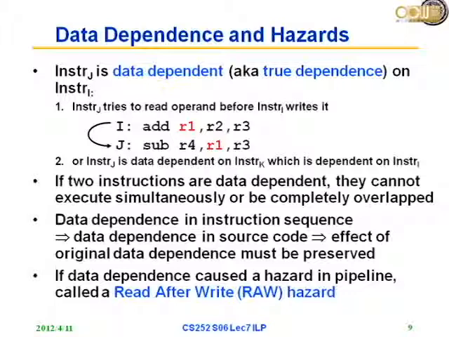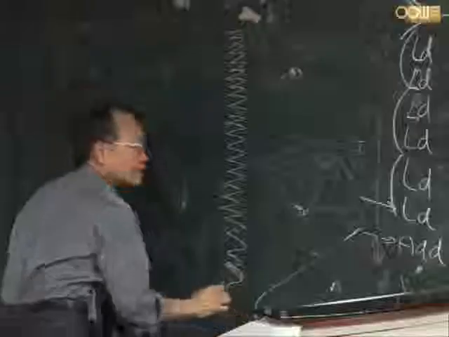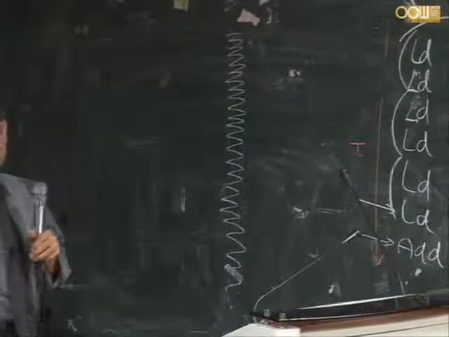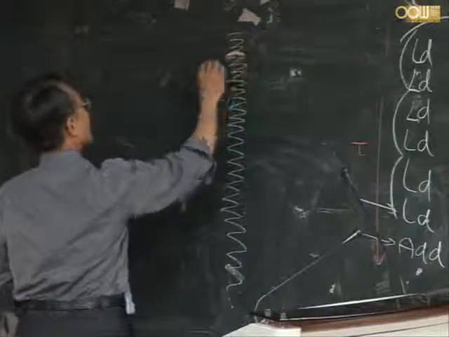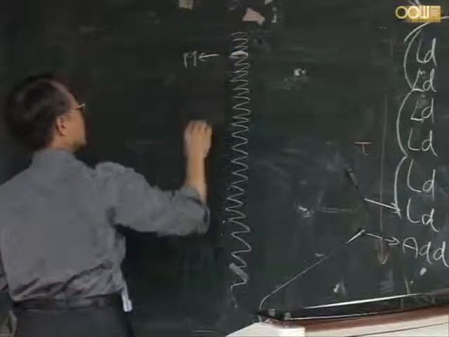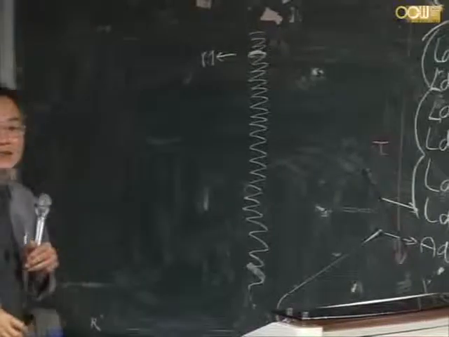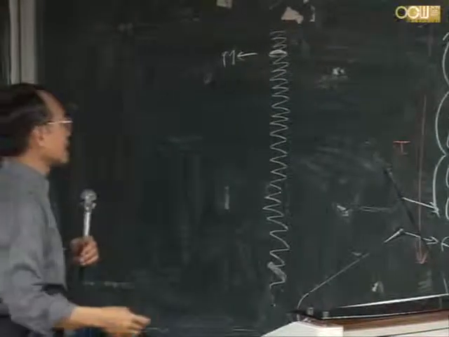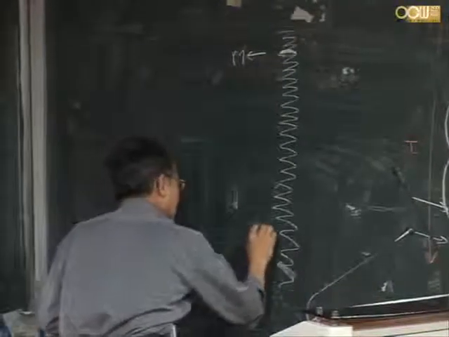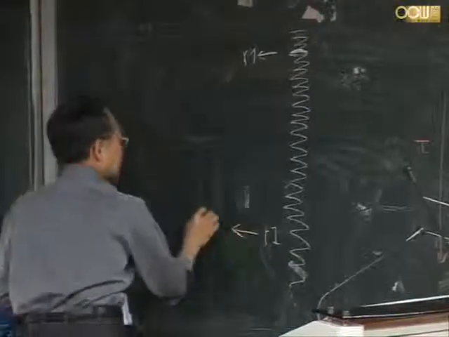Okay, so if this is our instruction execution sequence, this is what really happens during my execution. This instruction writes to R1, and after hundreds or even thousands of cycles, this instruction reads from R1.